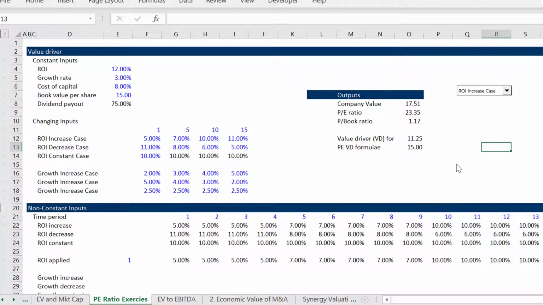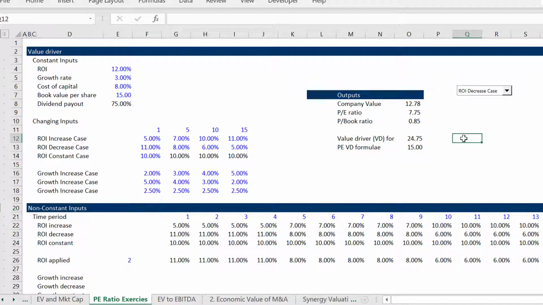Okay, so if the return is increasing, the PE ratio is high and the price to book ratio is high. If the return on investment is decreasing, then the PE ratio goes really down and the price to book ratio.